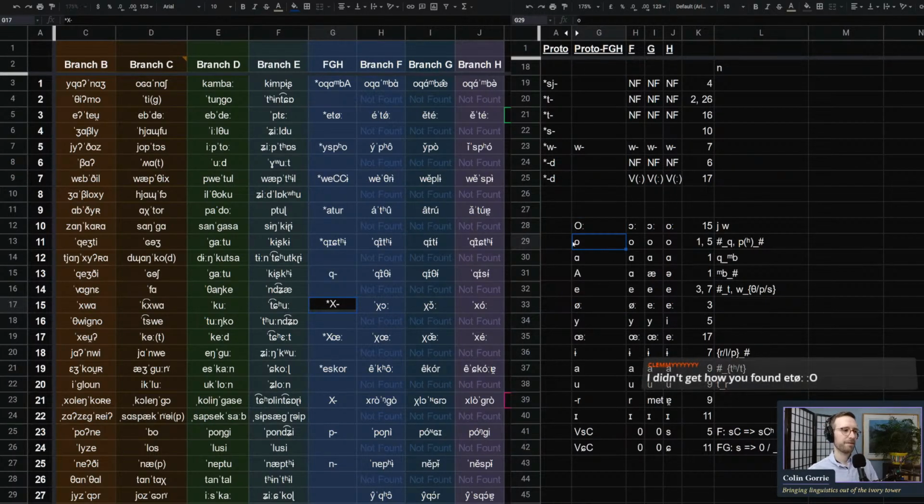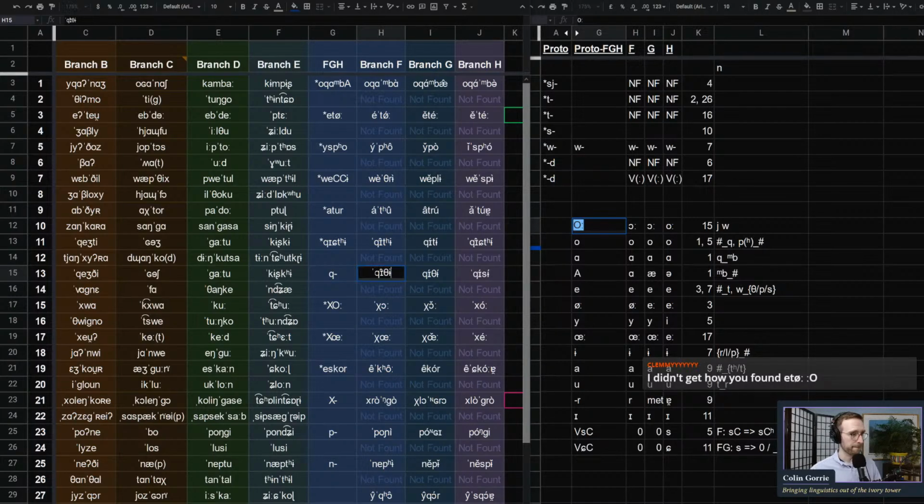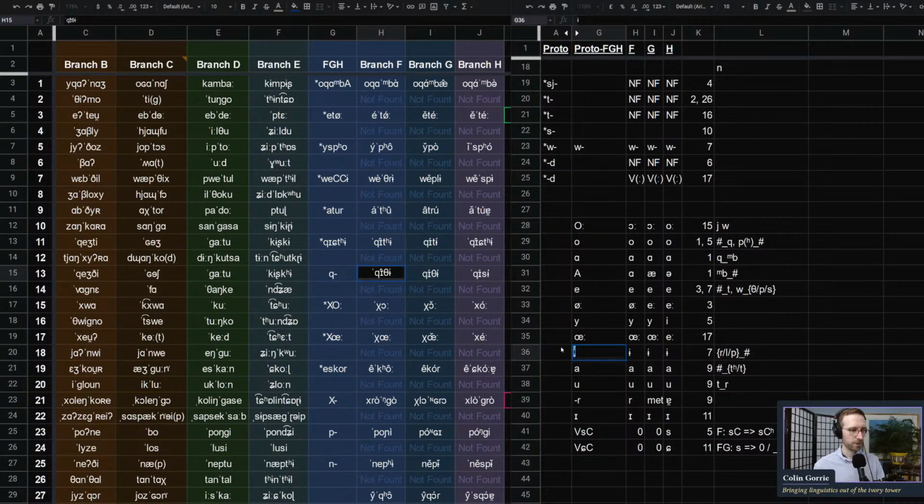Although given that we know it's long. So we've got a rather algebraic reconstruction for word 15. And then we have our vowels, I think, for 13 taken care of.